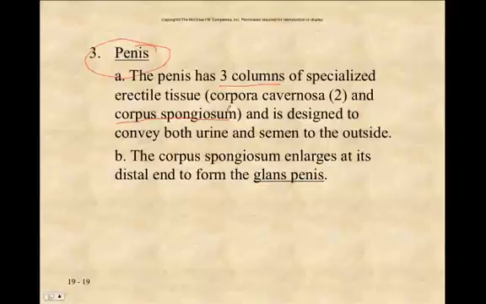This tissue is erectile tissue because it's highly vascular, so during emission, or during ejaculation, the blood vessels inside the corpora cavernosa and the corpus spongiosum will dilate and bring more blood to that tissue, and that tissue will literally expand like a sponge.